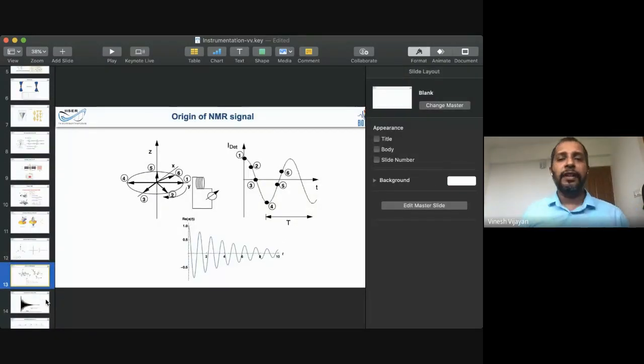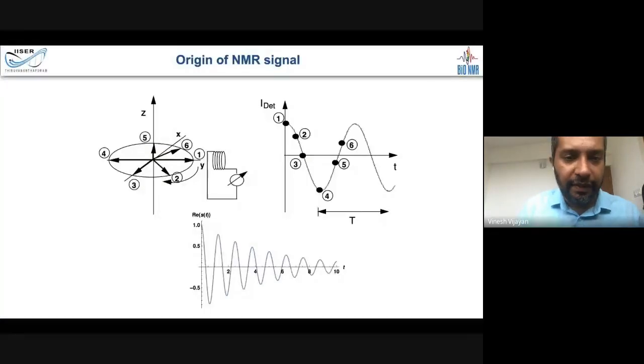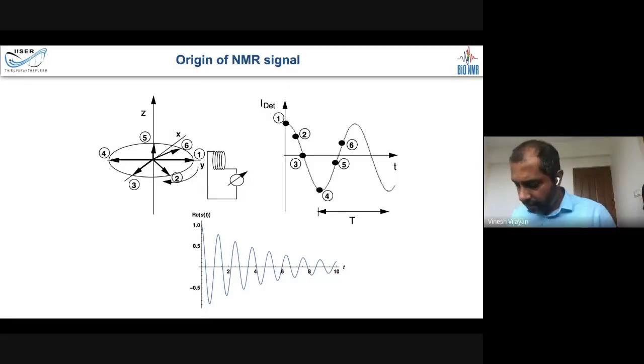How do we do the Fourier transform? Well, basically we digitize this signal. That's like converting with an analog to digital converter.